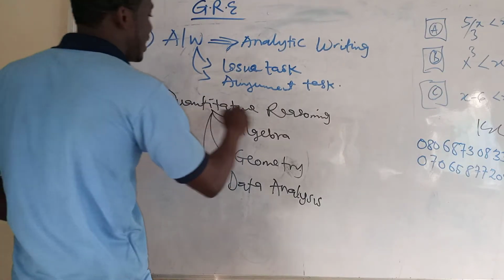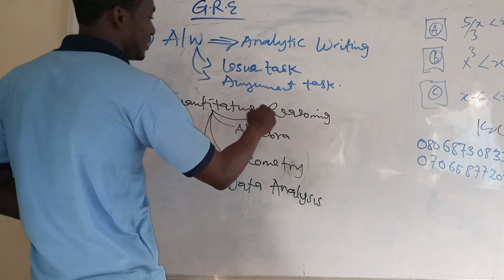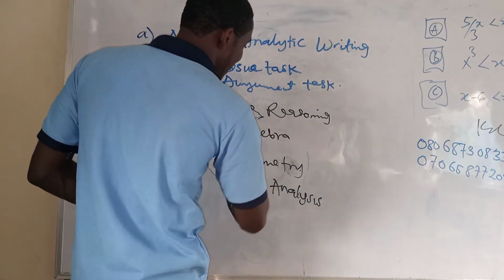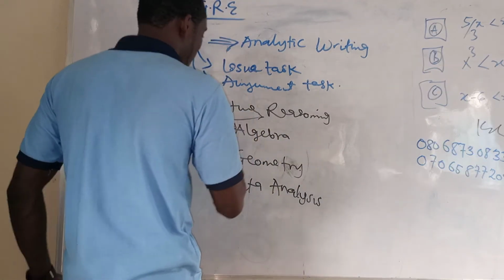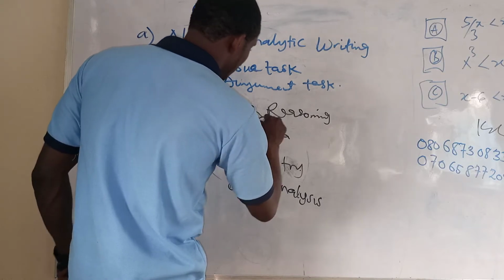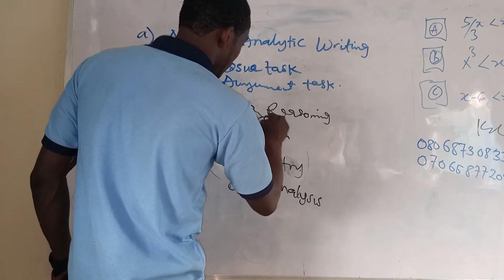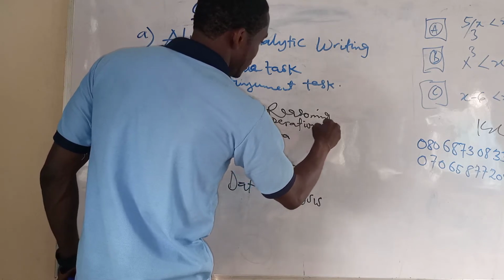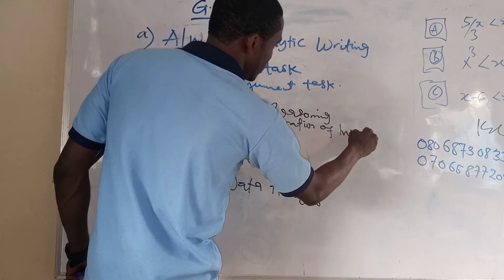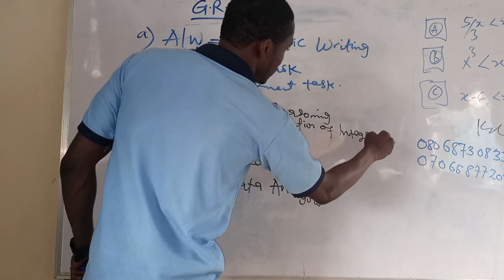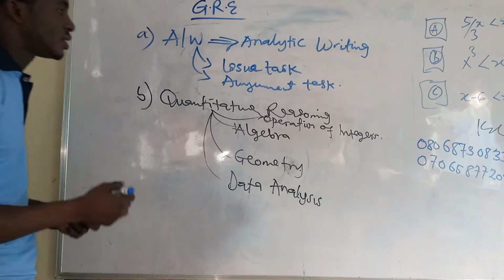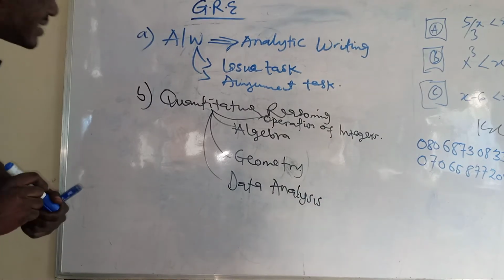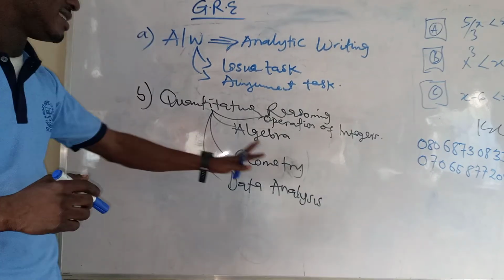So as I said earlier, we have integer, that's number, where we talk about set theory, fractions, and the rest. So that's it: operation of integers, algebra, geometry, and data analysis.